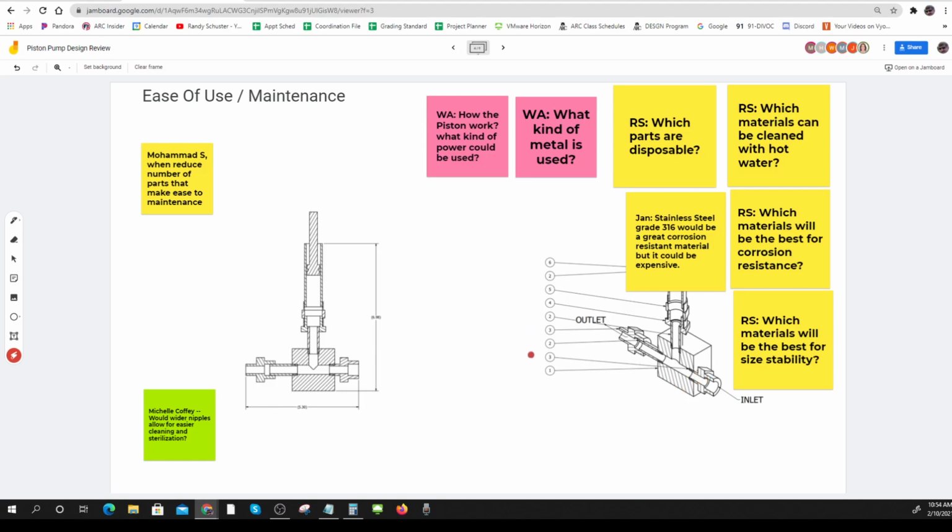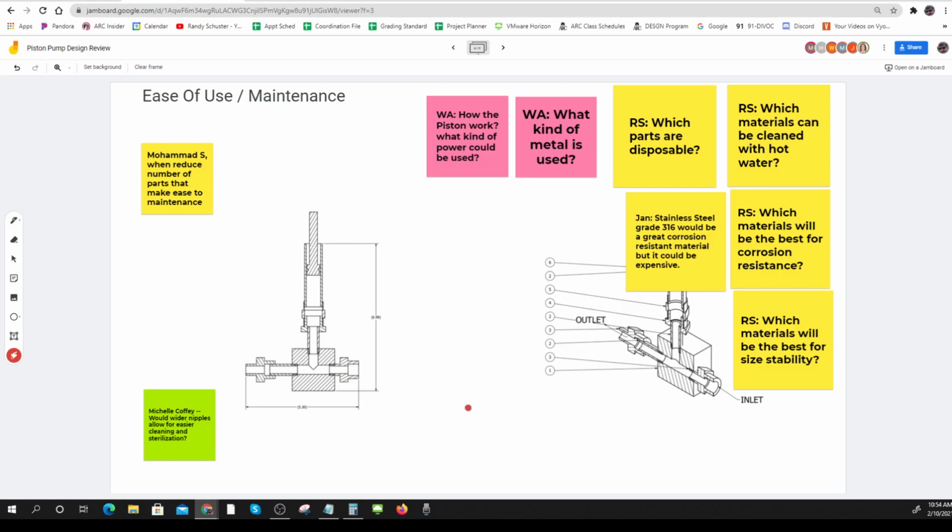Okay? And so which parts are disposable? If this is just, literally, I could make this from a PVC cross. I could just, all of this could be a PVC cross, and then I just add that and that. And I could throw this away after a certain point, not even worry about sterilizing it.